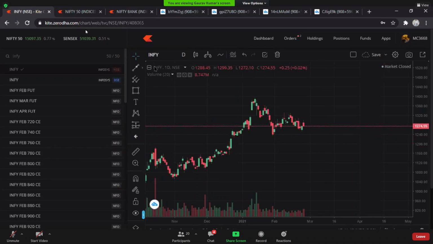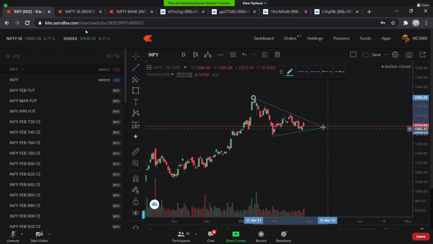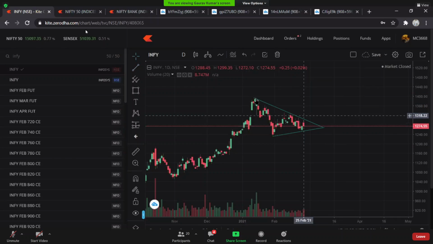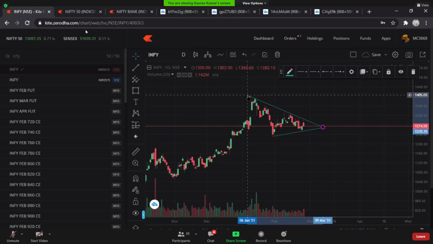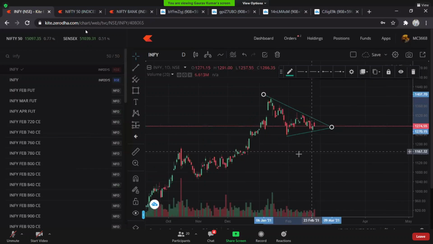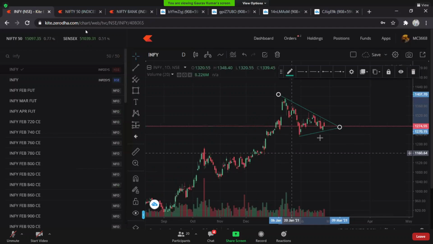So what I can find in Infi is, first thing, IT took Nifty to a great height. IT was a very big sector that supported Nifty throughout its journey from 11,600 to 15,400, whatever has been the top. Now IT is under consolidation.